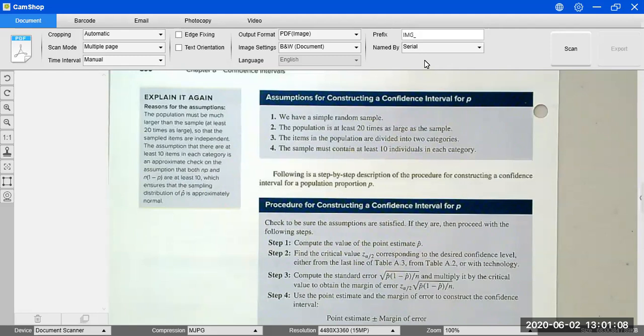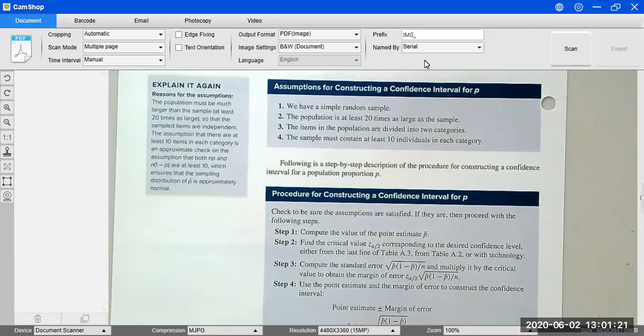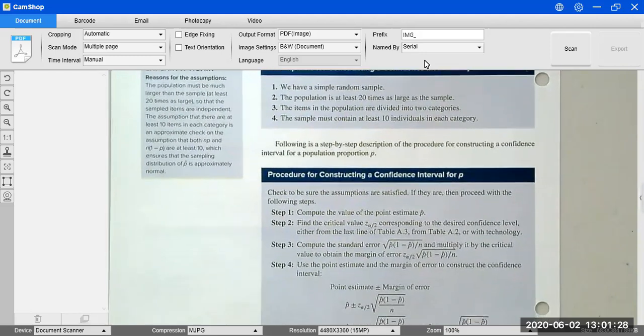The number 3 is going to be that the items in the population are divided into categories. So that's the reason we needed to use a binomial distribution if we wanted to do the things exactly. And then number 4, the sample must contain at least 10 individuals in each category.